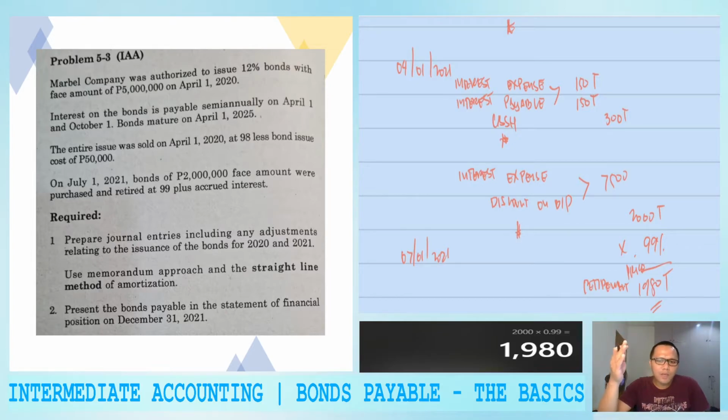Okay? So ngayon, based on this illustration, July 1, 2021 nangyari yung retirement. Tapos the last payment of interest happened on kailan? Kailan yung last accrual natin? April 1, 2021. Correct?